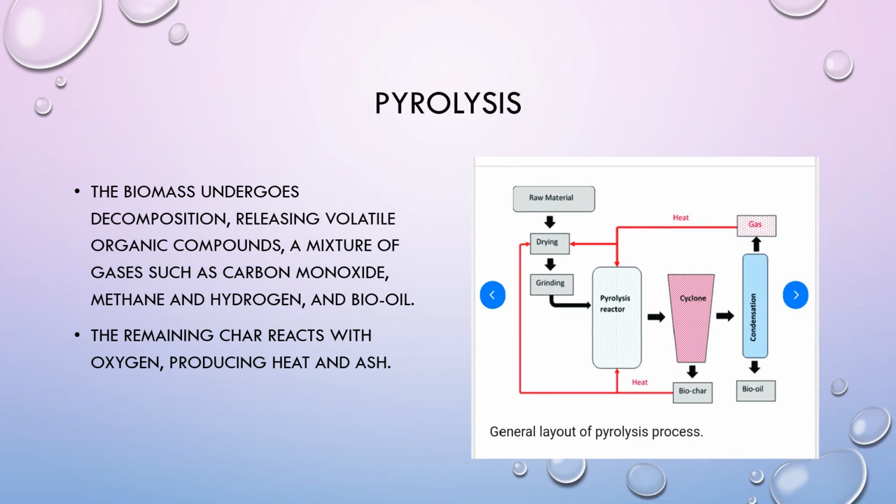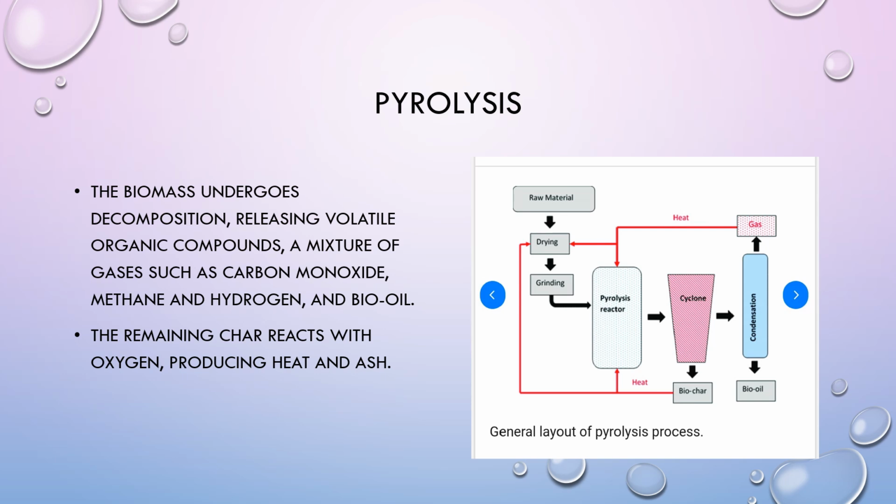Pyrolysis is where heat of about 500 degrees Celsius is applied to the biomass for decomposition in the absence of oxygen. So the biomass undergoes decomposition, releasing volatile compounds, a mixture of gases such as carbon monoxide, methane and hydrogen, and bio oil.